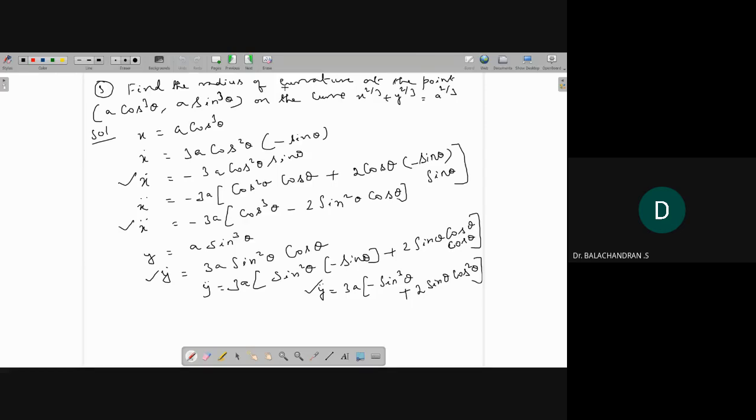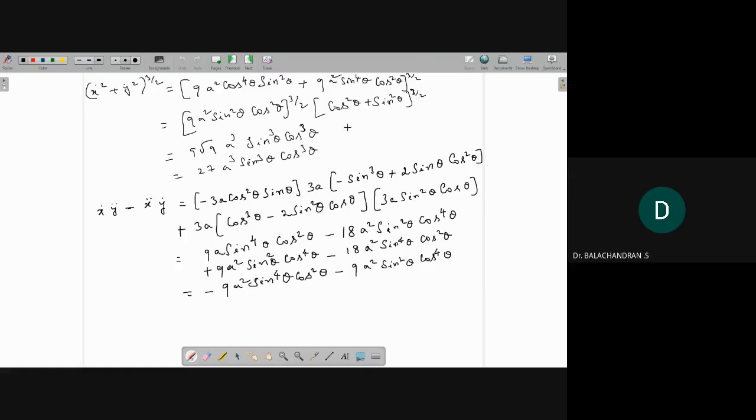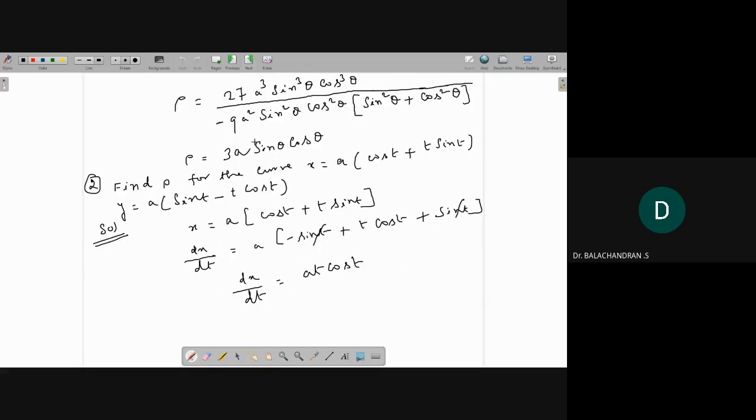You should know the parametric form as usual: x dot, x double dot, y dot, y double dot. This is the numerator value, this is the denominator value. The numerator divided by the denominator, you will get the final answer.